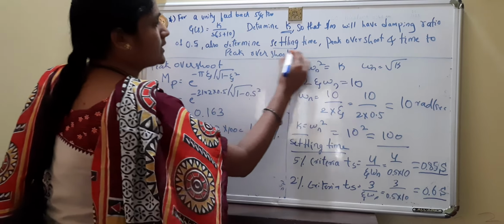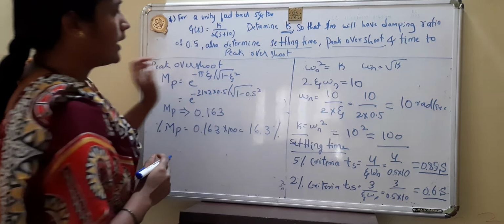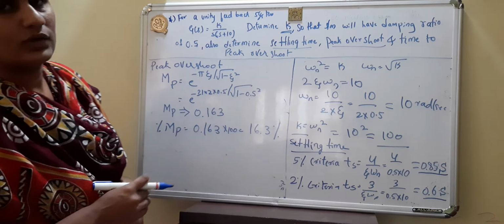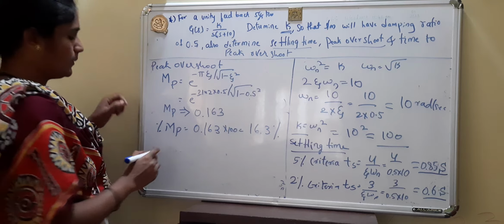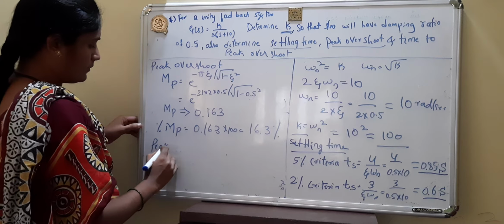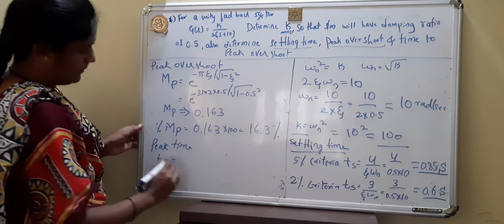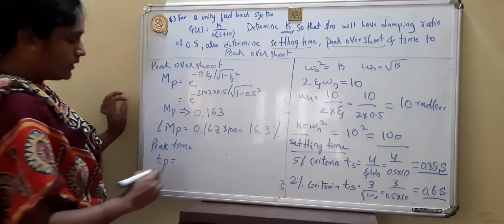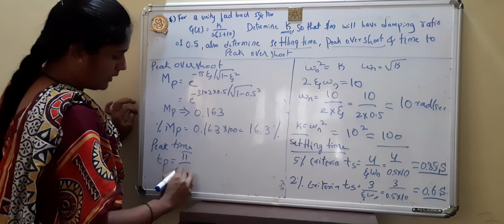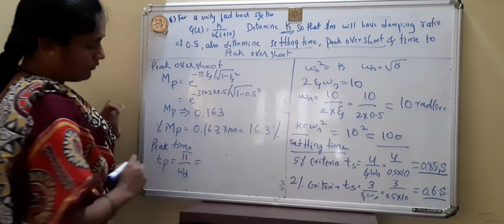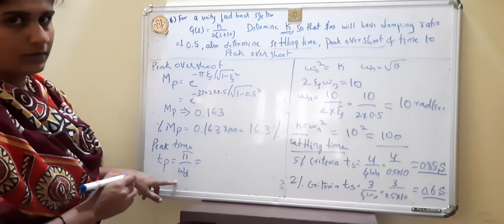Next, we have calculated settling time and peak overshoot. What is time to peak overshoot? It is peak time, Tp. What is the formula for peak time? Tp is pi divided by omega d.